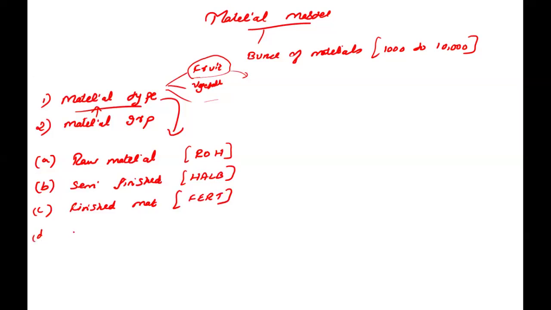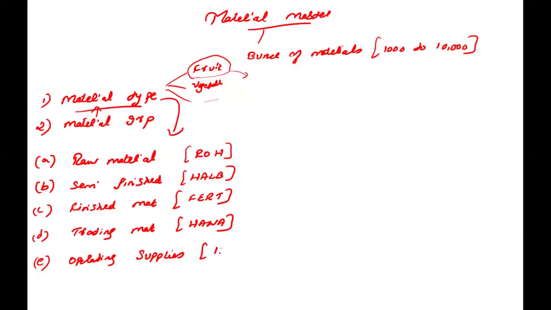Then you have the trading material, that is HAWA. Then you have the operating supplies, that is called HIBE. Then you have the spare parts, that is ERSA.